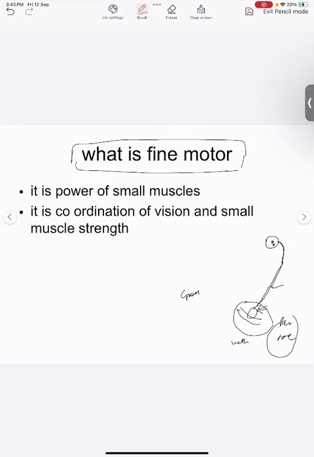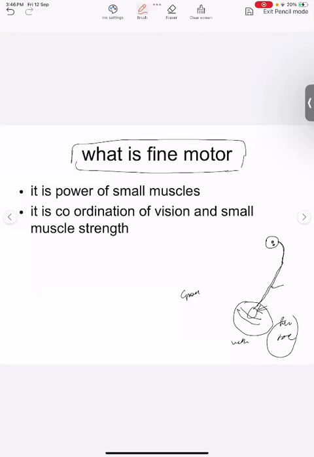Usually it's not a viva question, it is an understood thing, but just keep in your mind that they want me to assess the grip of the hand, the grip of the fingers, your pencil grip, the grasp of the child.